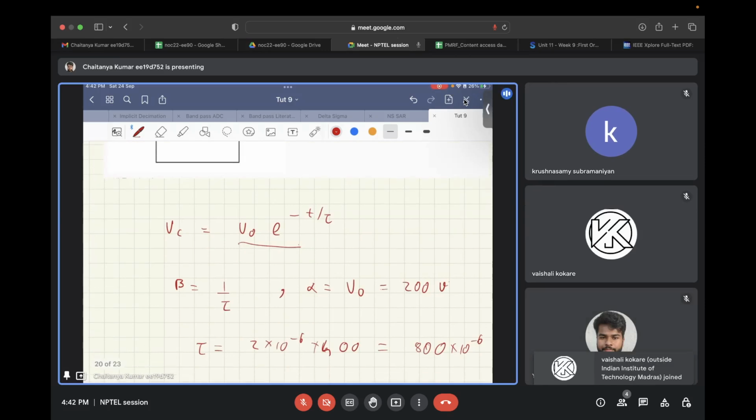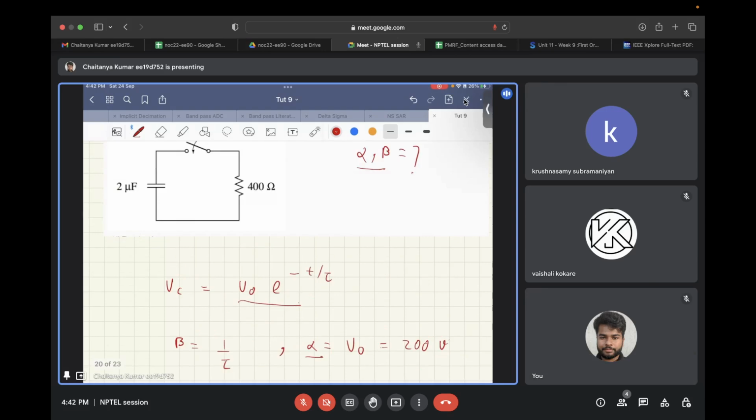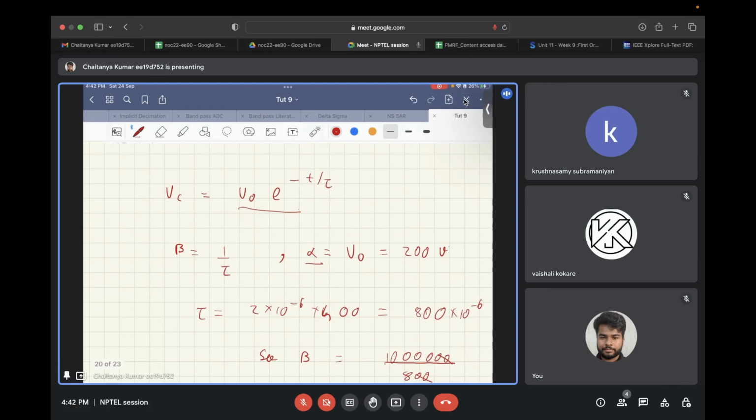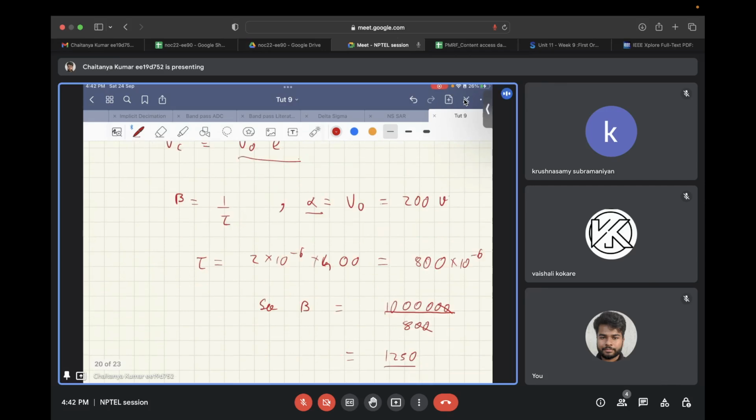So V naught is equal to 200 volts, hence alpha is also equal to 200 volts, and tau for this case will be 2 microfarad into 400 ohms. That comes out to be 800 into 10 to the power minus 6. So beta is 1 by tau, that comes out to be 1250. And what will be the units?